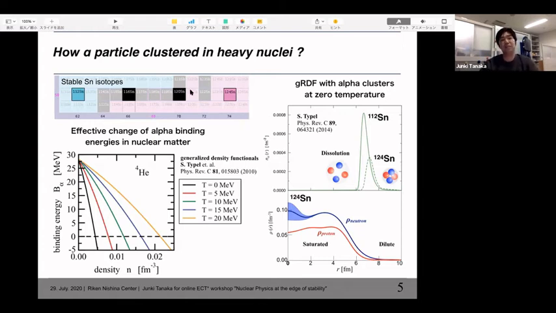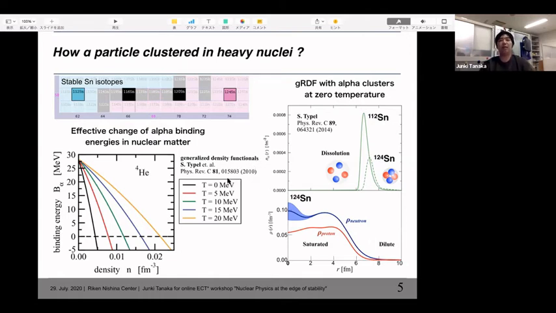To answer this, we started our research program from the tin stable isotopes. Tin has a proton 50 shell closure, and on the neutron side, there are no major shell gaps. Recently, the alpha cluster formation on the surface of heavy nuclei has been described in generalized density functionals with explicit cluster degrees of freedom.